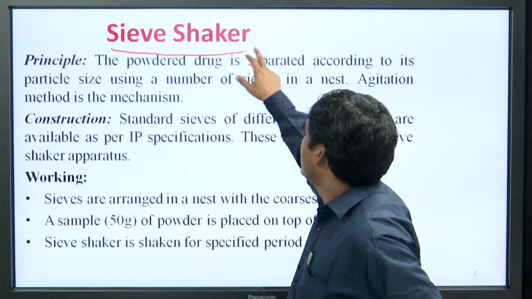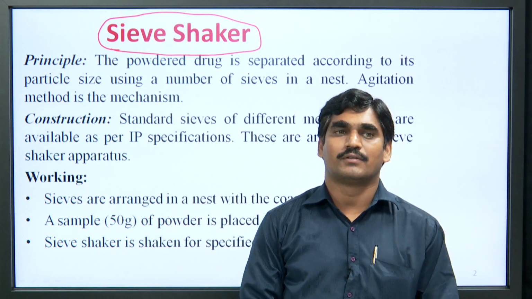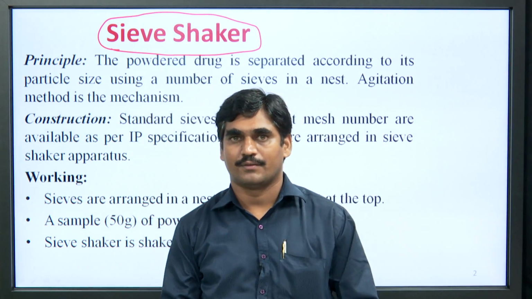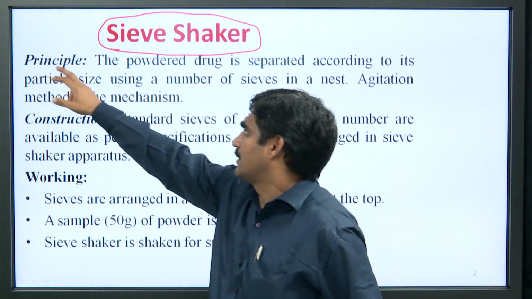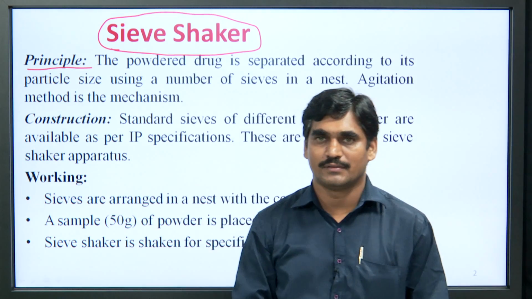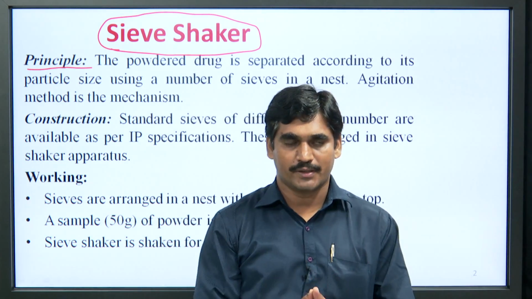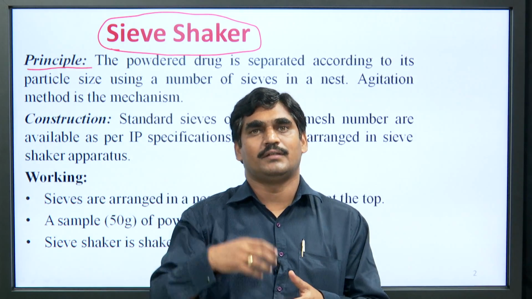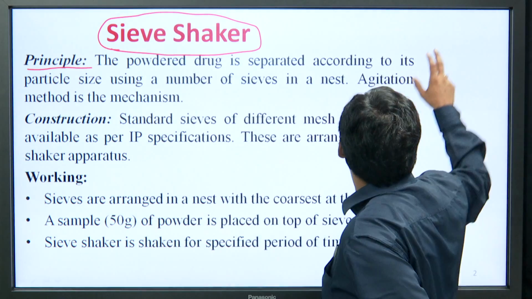This is the easiest and most commonly used instrument for size separation process. The principle behind this instrument is that the powder drug is separated according to the particle size by using a number of sieves in a nest.